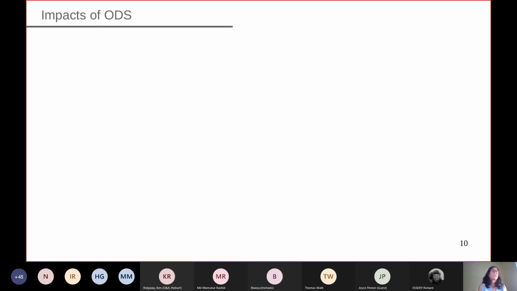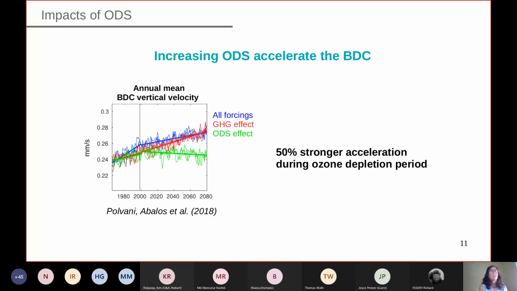And what about the impacts of ODSs? Well, it's been more recently pointed out that increasing ODSs also accelerate the Brewer-Dobson circulation. And again, these are model results showing time series of annual mean vertical velocity of this overturning circulation in 3 types of runs. So the first ones in blue are the all forcing runs.